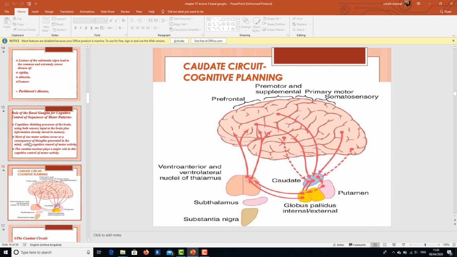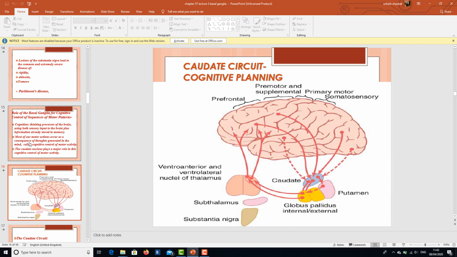You can see the caudate circuit, cognitive planning, how it is going on: the information goes directly to the prefrontal area, premotor, supplemental motor areas, and somatosensory areas, and then goes to the thalamus, and from the thalamus it goes back.